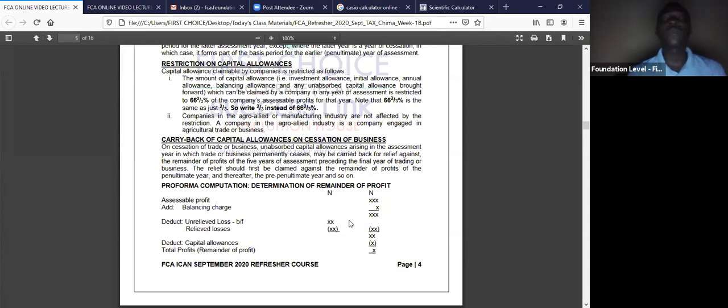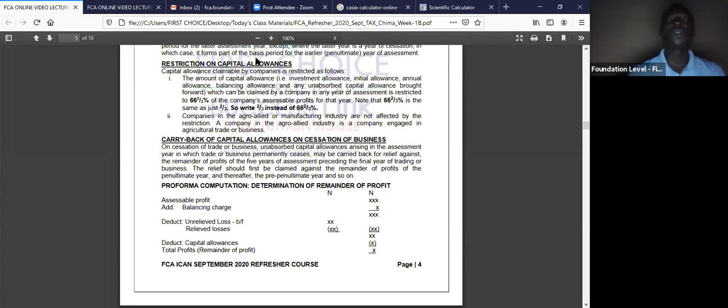So if you're into manufacturing or into agriculture, they will give you 100% of your capital allowance. So if you're into agriculture or you're into manufacturing, they will give you all 100% of your accessible profit as your capital allowance.